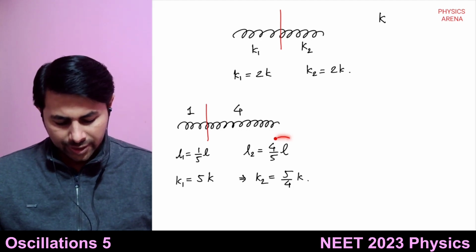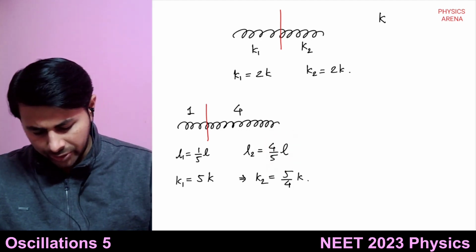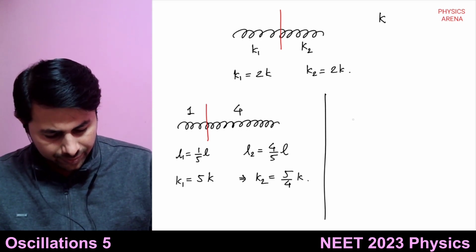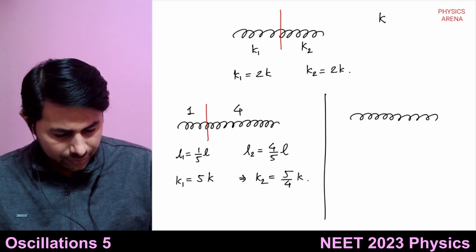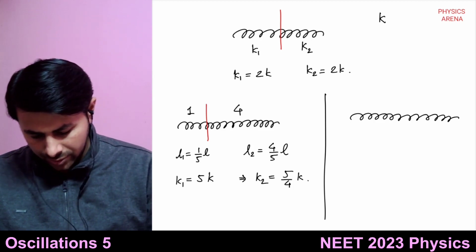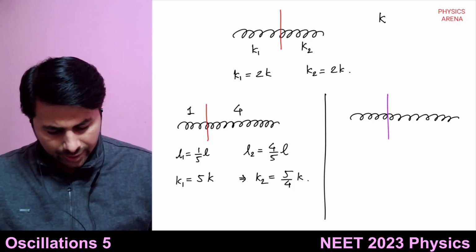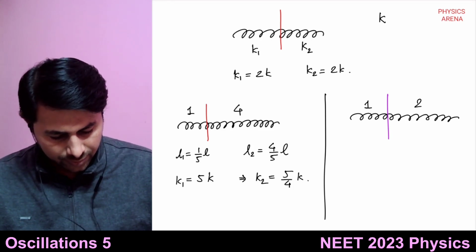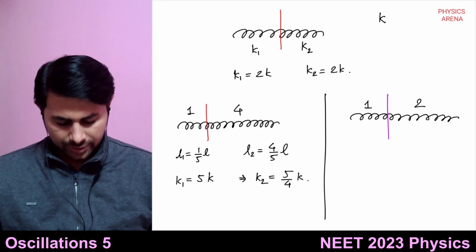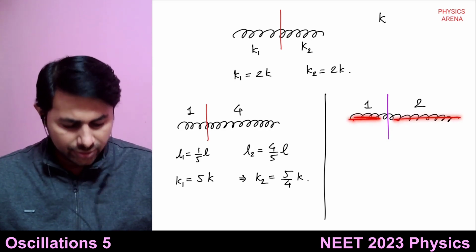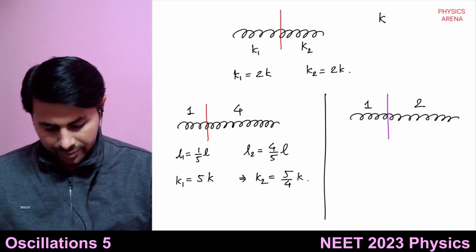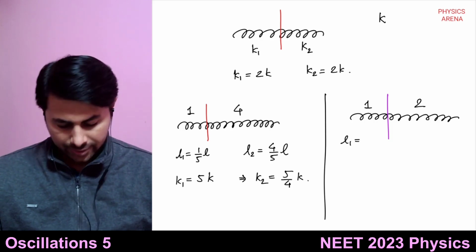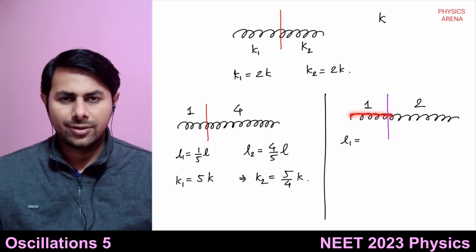Okay. Just invert this. Let's take one more example. So now suppose we break it in 1 is to 2. Okay. This is one part. This is two parts of the total length. So L1 equals, you can say, 1/3, right?